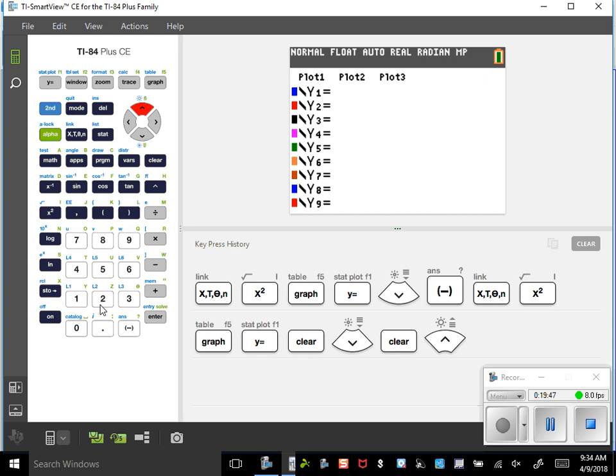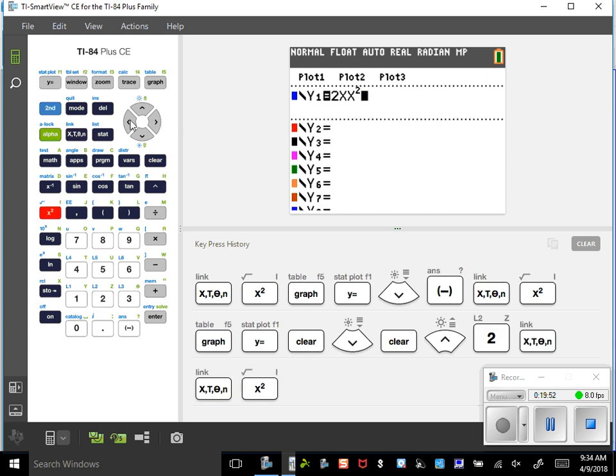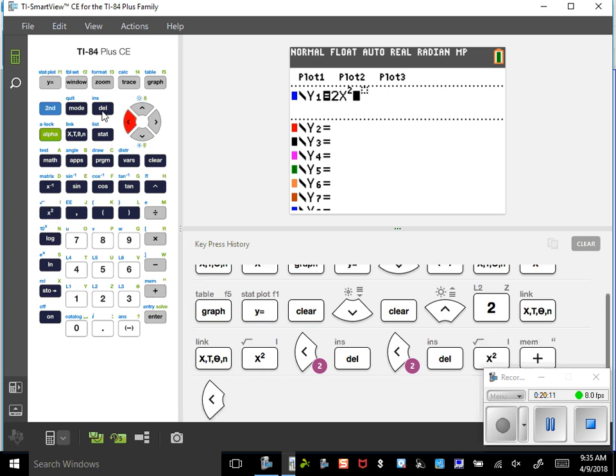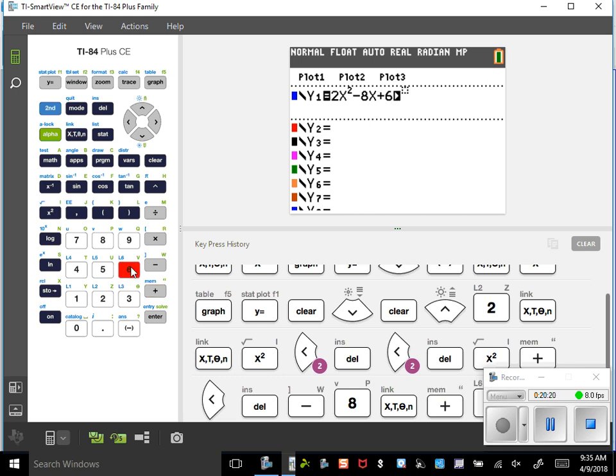So 2x squared. Oh, I put 2 x's. Let me delete that. Minus 8x plus 6. So now, if you do that, this is the other option.